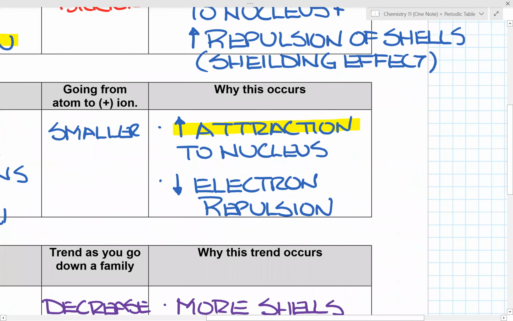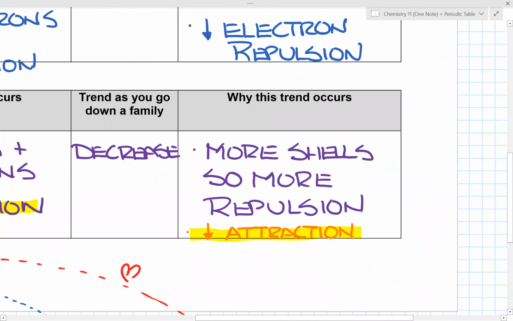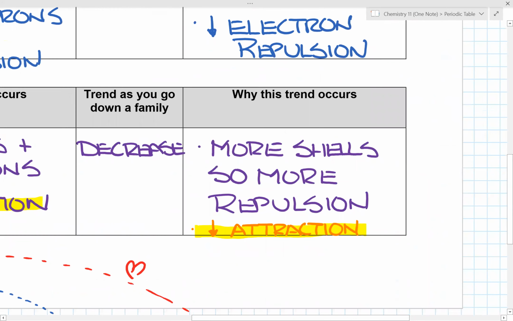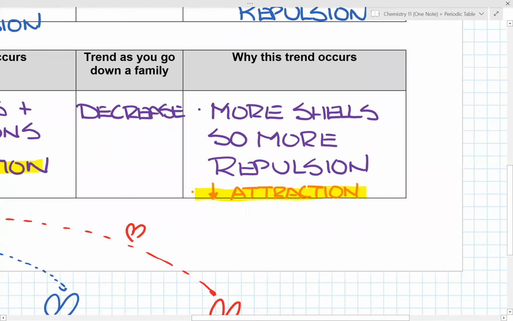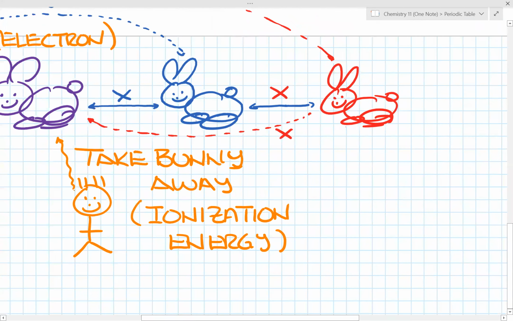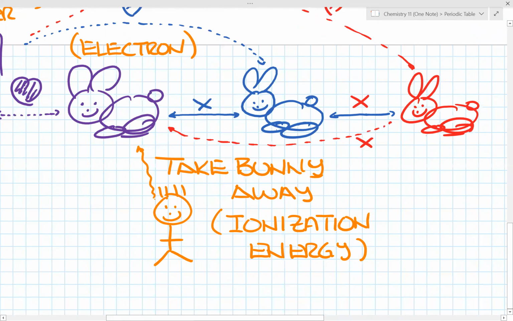Now, why does the ionization energy decrease? Take a look. It says more shells, so more repulsion, less attraction. So let's say this person here in orange wants to take a bunny away. Now, instead of the purple bunny, they say, oh, I'm going to take away the red bunny.